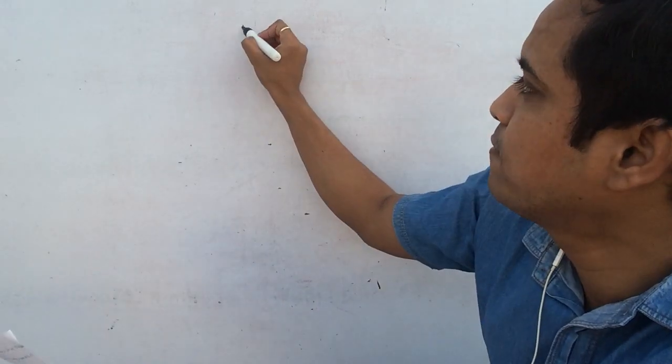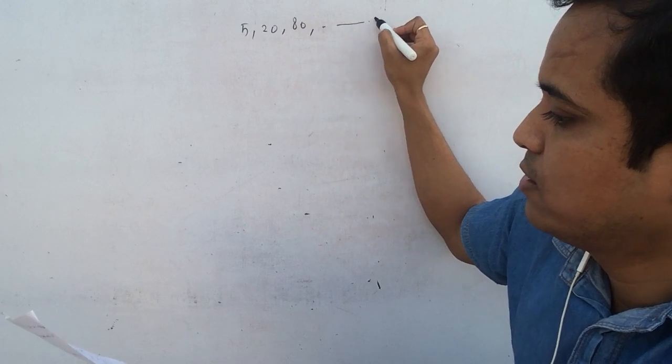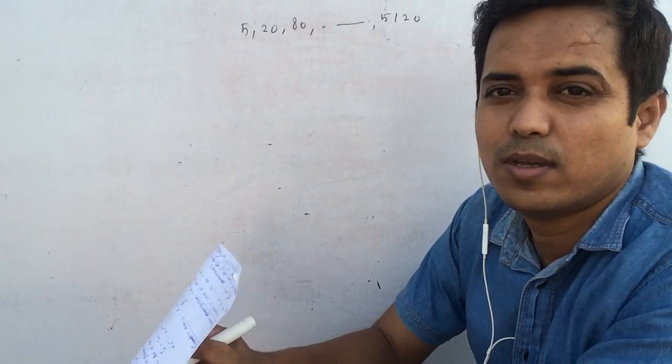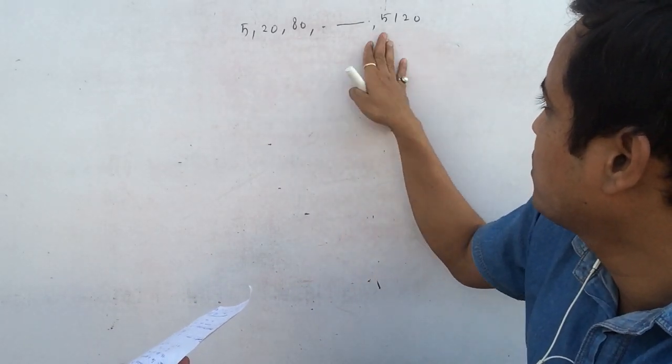The first question is: how many terms are there in 5, 20, 80 up to 5120? If you want to solve this question, first you have to think about what this sequence is.